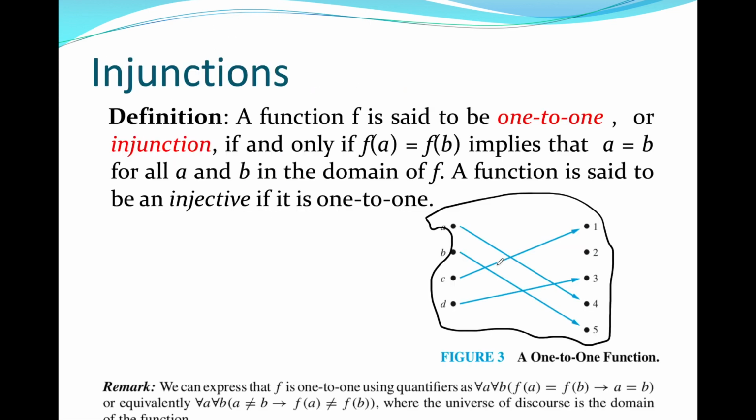For the injection, for the one-to-one, you have to make sure that all elements in A, in the domain, have only one pair here. It's compulsory to check that all of the elements in this set have a pair.